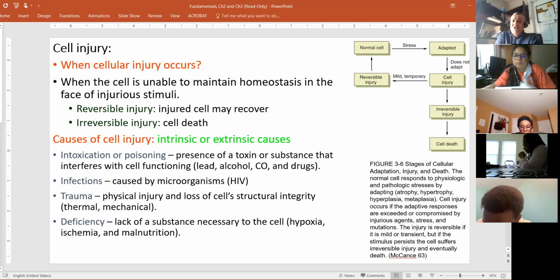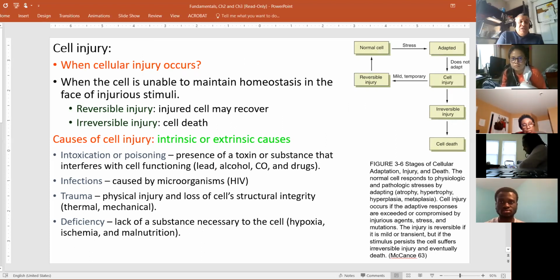Here we talk about the cell injury and the sources and causes of the injury. It can be intrinsic, or extrinsic, like infections or trauma or deficiency, like hypoxia and hypoxemia, ischemia.